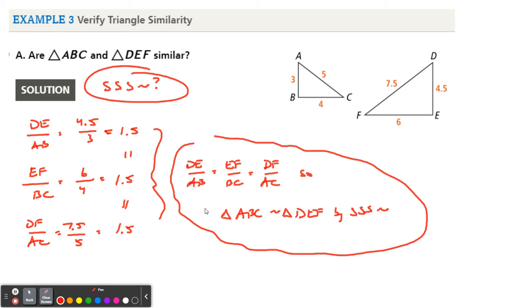And this is what we're trying to show. Okay? No angles given. No angles at all, so we can't use angle, angle or side, angle, side. And again, if you look at this picture, small side to small side, medium side to medium side, big side to big side, right? Make sure you think of that when you compare these ratios.